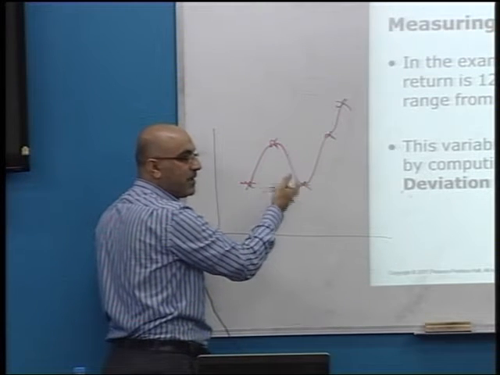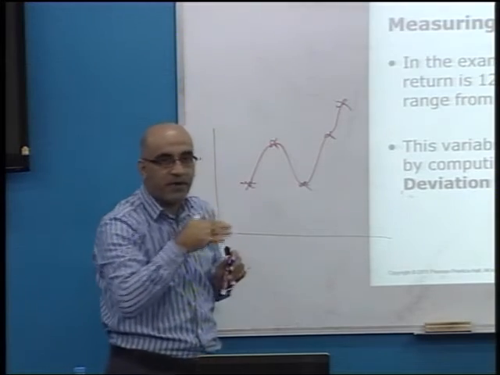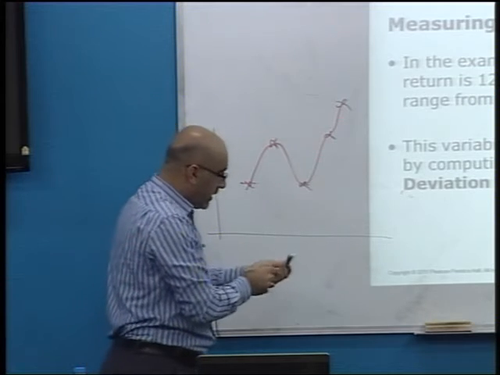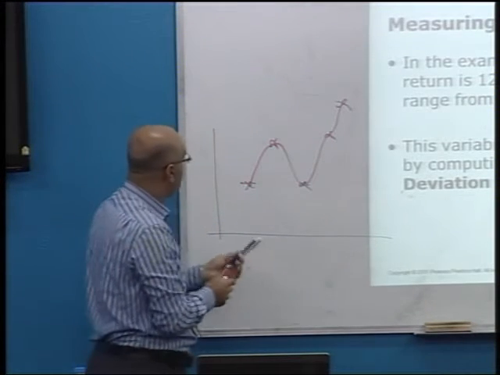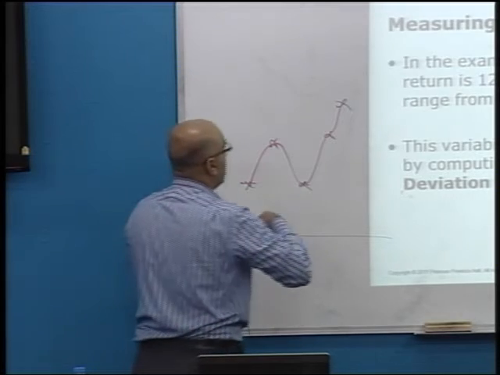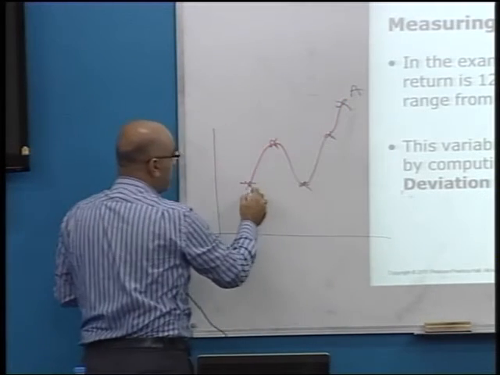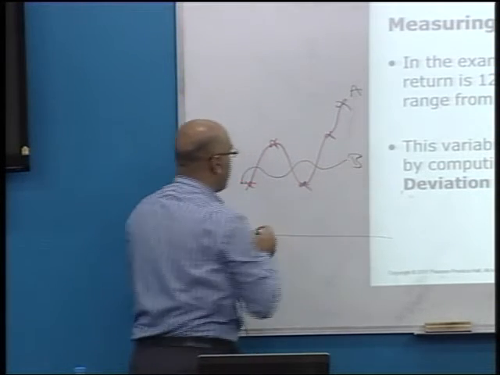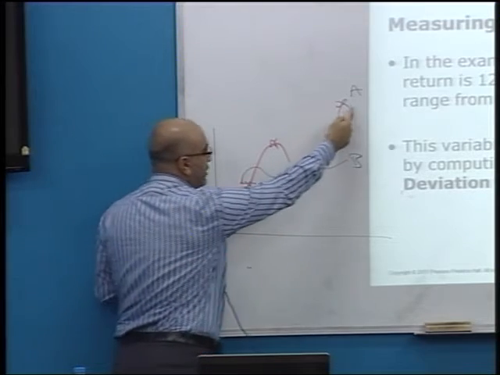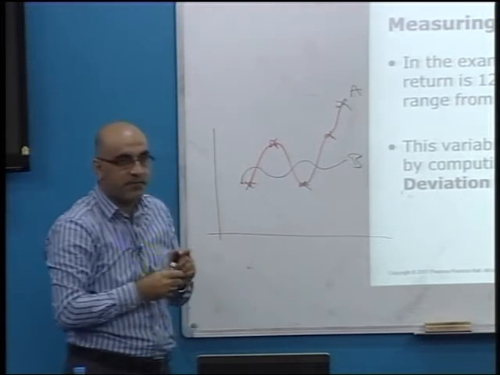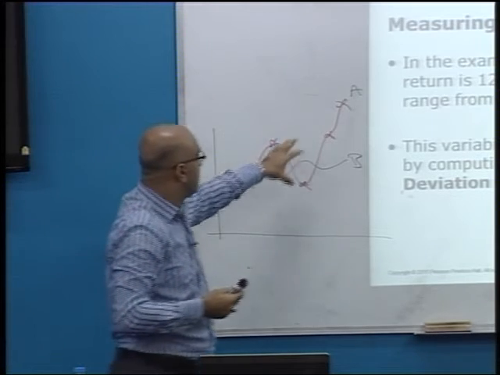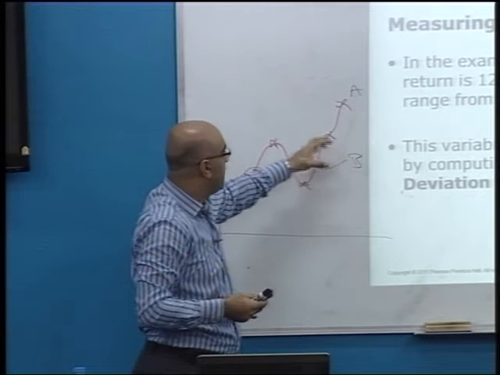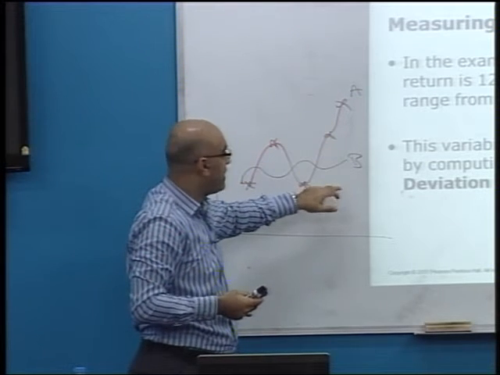So the risk measures to what extent the prices are fluctuating. If we have different stocks, this is stock A, and if we have stock B, and we compare stock A and stock B, what do we observe? A fluctuates more than B, so the variance of A is greater than the variance of B.